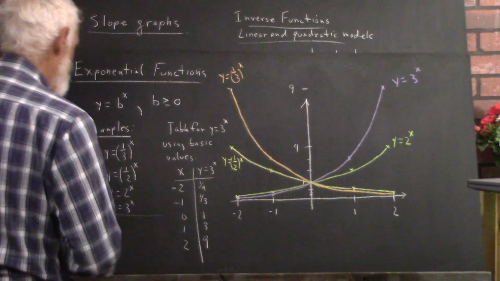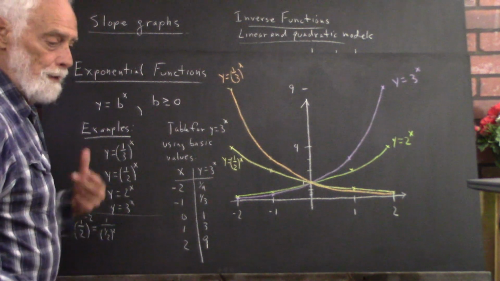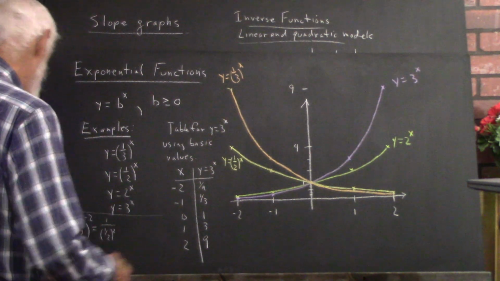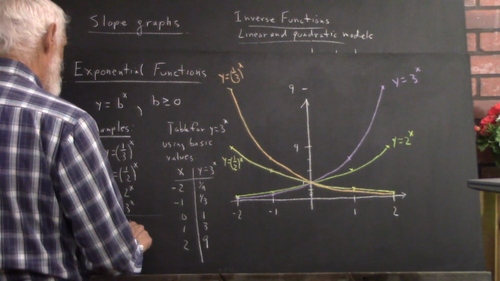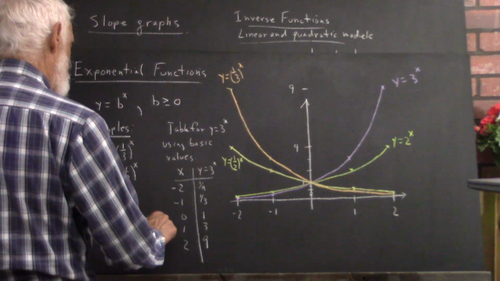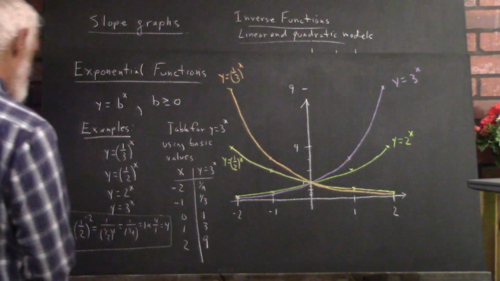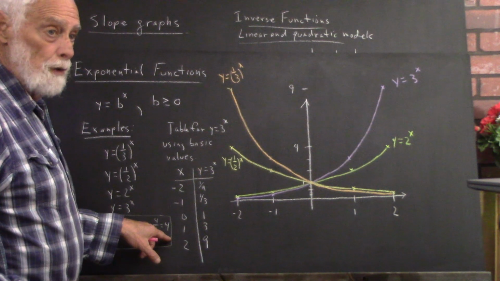And of course, I'm assuming strong algebra skills here. If you don't have them, make sure you completely review the laws of exponents. So this is 1 over 1/4, which is 1 times 4 over 1, which is 4. Okay, so as an example, 1/2 to the -2 is clearly 4.